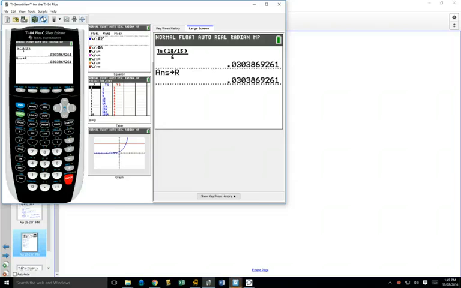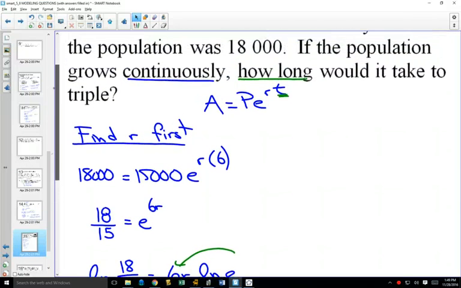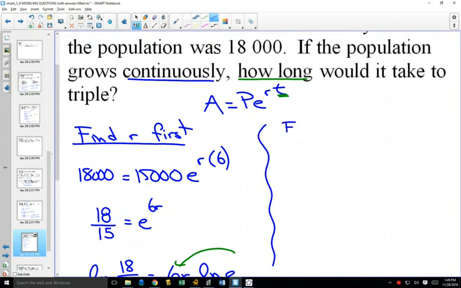Now that we found r, we can go back to our formula and say, if the population grows continuously, how long is it going to triple? Now we can find t. What numbers do I use? Okay, you could use 3 and 1, and it will simplify to that.